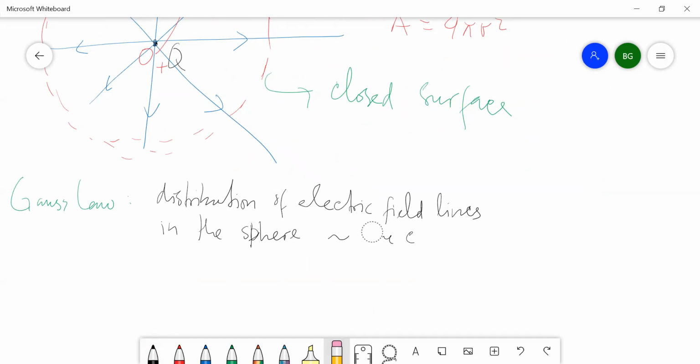Maybe to be an exact statement, proportional to the electric charge density inside the sphere.